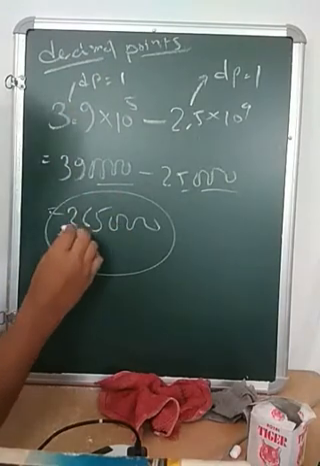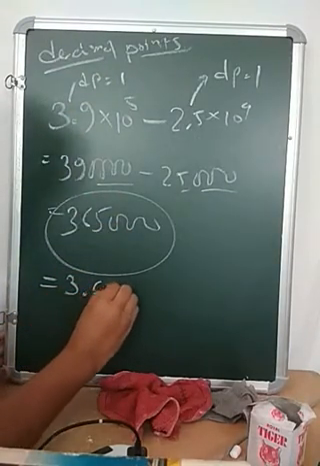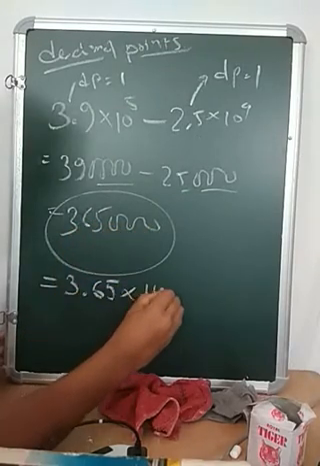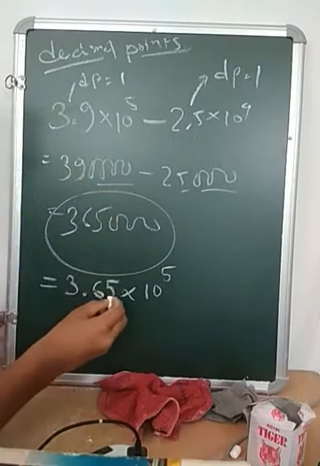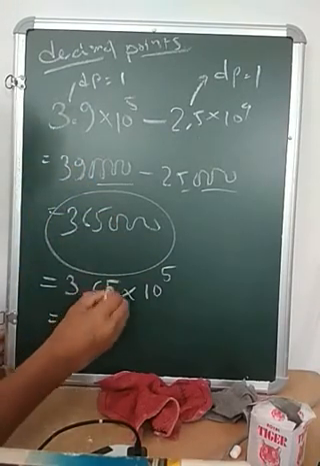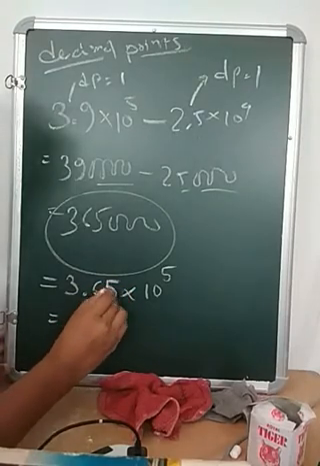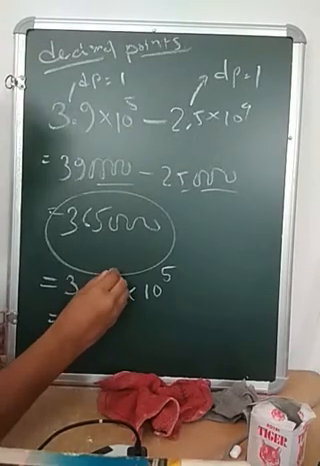So how do we do this? 3.65 1 2 3 4 5 into 10 to the power 5. See, there are 2 decimal points, so we have to round it off. Now see, this is 5. When only 5 is present, we see the preceding number.